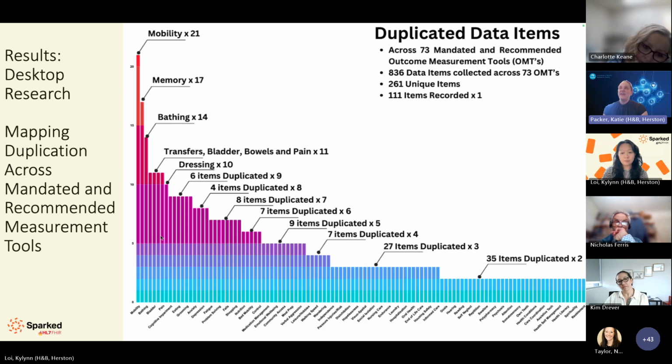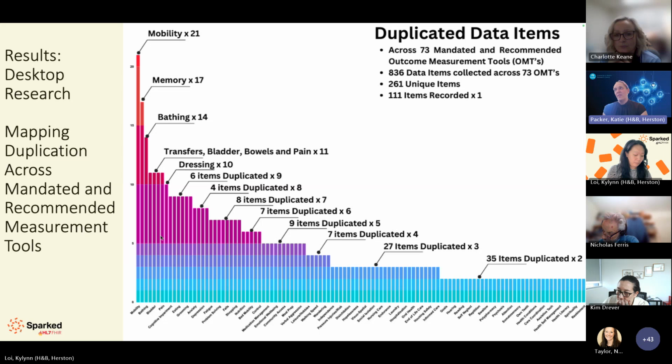And then we looked at the areas of duplication across those mandated and recommended tools. So we looked at the what of what those tools were actually assessing. We found 73 different mandated and recommended tools, and across that there were 836 data items, and 261 of those data items were unique. So unique what we're recording.